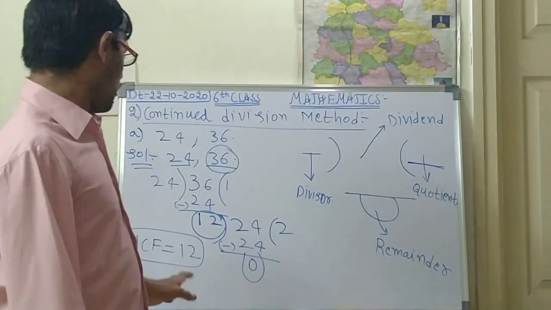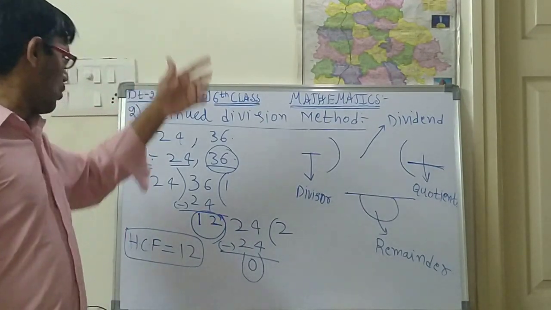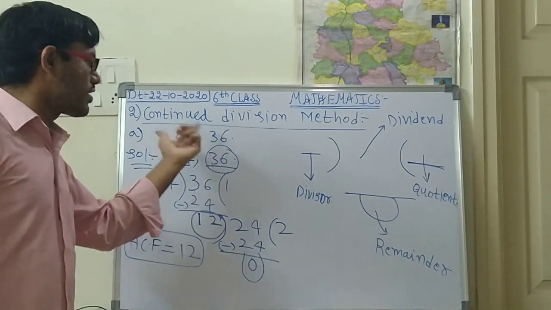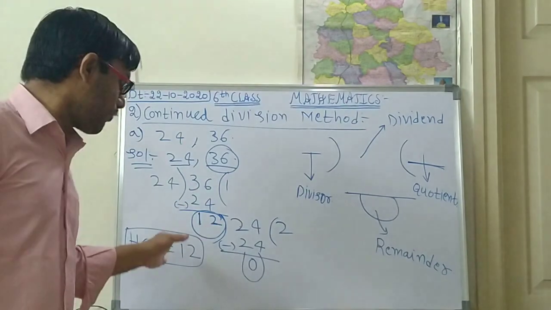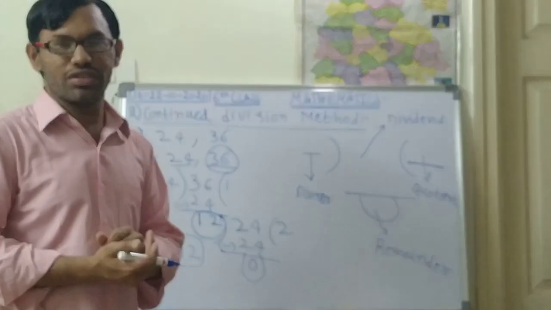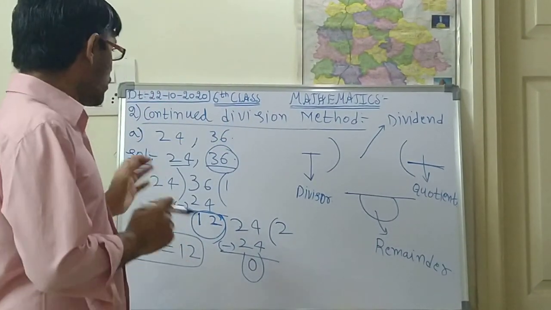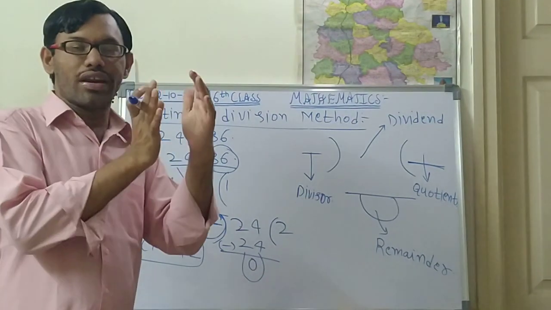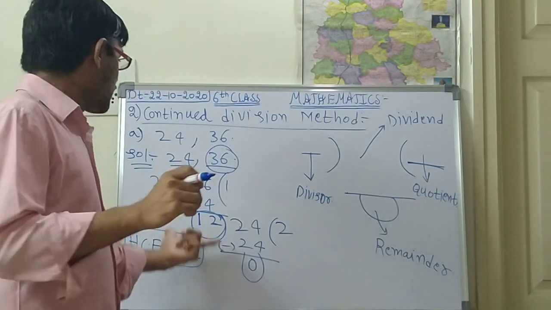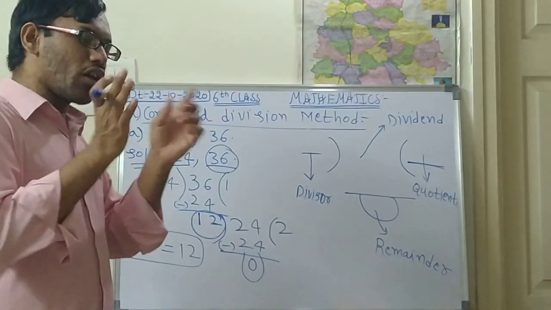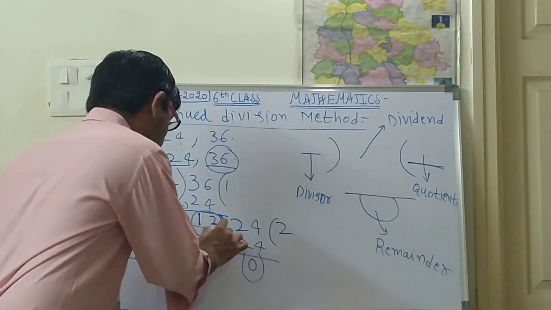Now see children, here I have taken only two numbers. Suppose you are asked to find the HCF for three numbers. At that time, you should take one greater number and one smaller number. First you should do the division method for those two numbers, and you will get one HCF.